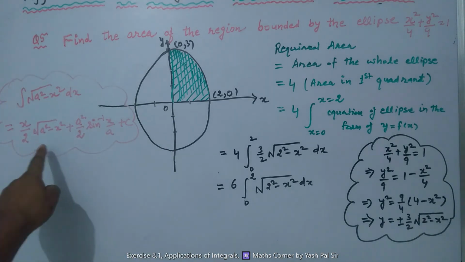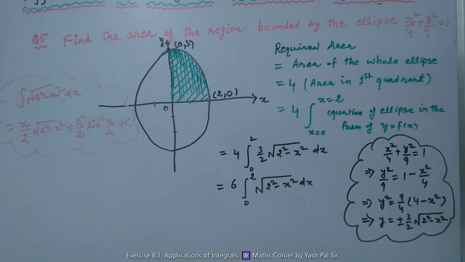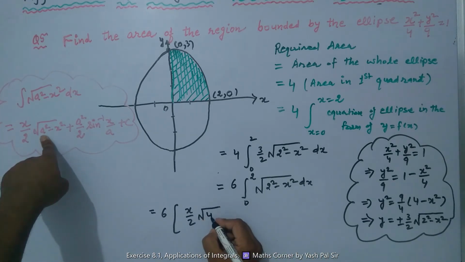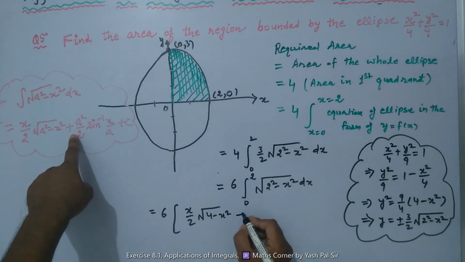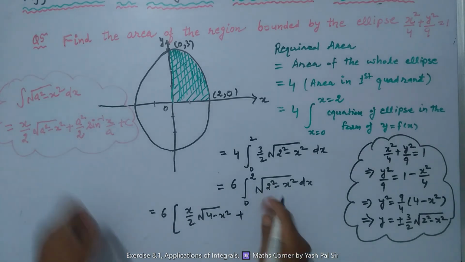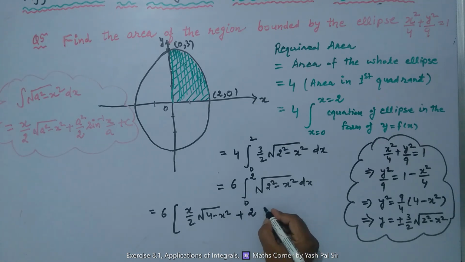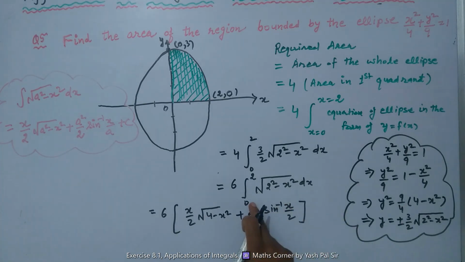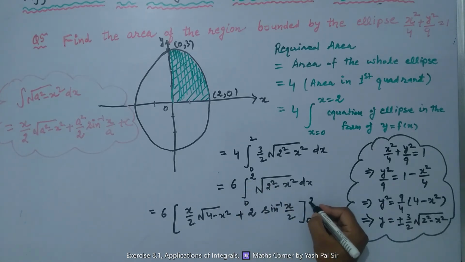So we follow this here. Now our question becomes equal to 6 into x by 2, this whole given function 4 minus x square, plus a square by 2. A square is 4, 4 by 2 means 2, into sine inverse x upon a, x upon 2, plus c. Here c is not there because of the definite integral, we put 0 to 2.